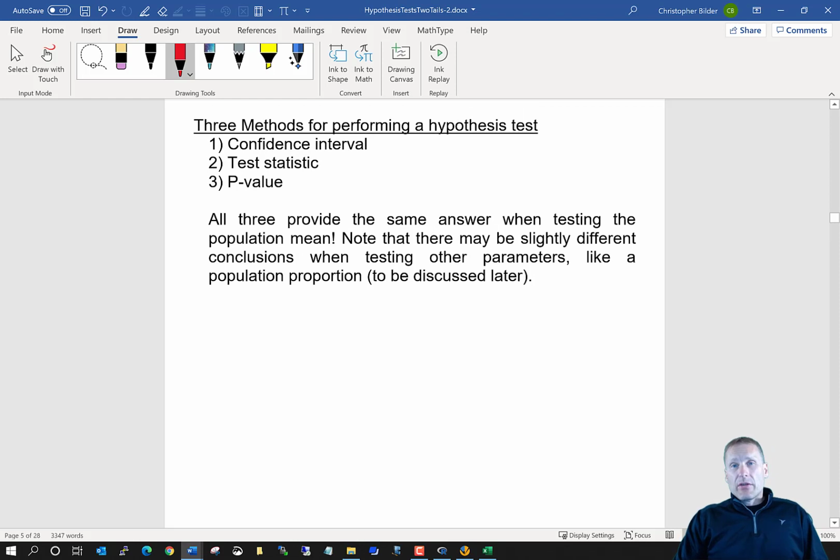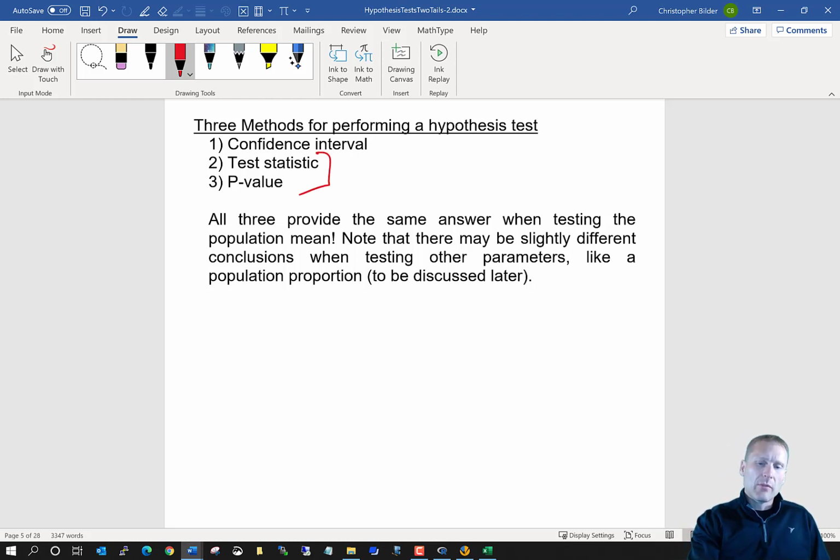Next, for the rest of the notes, we're going to outline 3 different methods to perform a hypothesis test. 1, using a confidence interval, basically using what we just got done doing. 2, using what's called a test statistic. Here you will see why we refer to these as two-tailed tests or two-sided tests. And 3, a p-value, which just gives a different way of looking at a test statistic method.